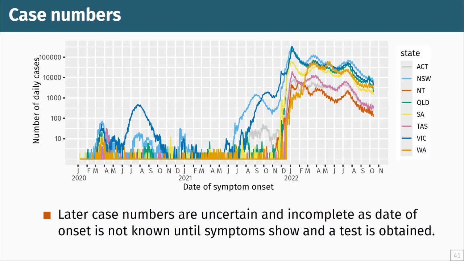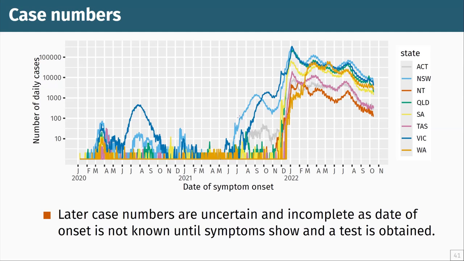This is what the case numbers looked like. This is on a log scale because the major outbreaks dwarf the other outbreaks if I put them on a regular scale. So this one here was the first major outbreak in Victoria, which led to our first lockdown.